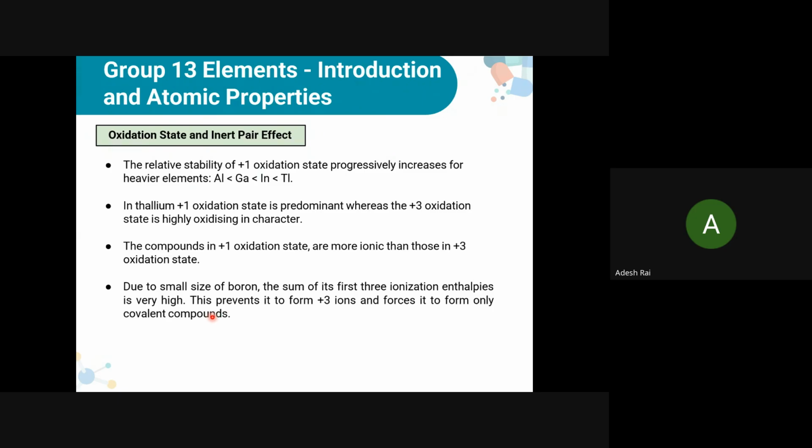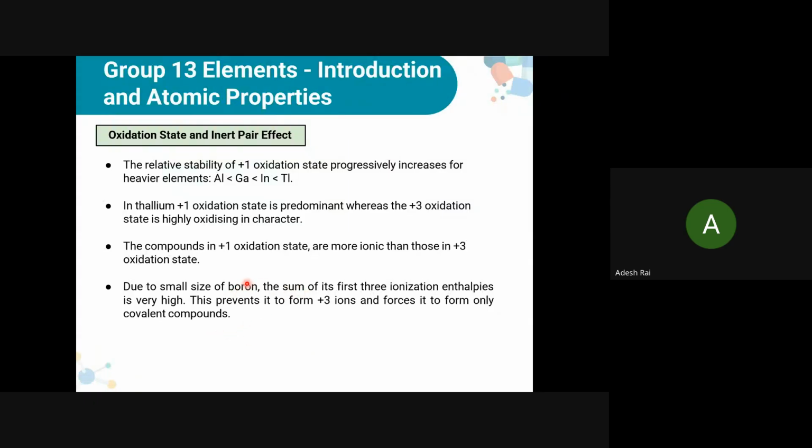The size of boron is so small that it becomes very difficult for boron to release more than one electron. It's very difficult to release even one electron, but it can still release one electron. But to imagine boron in the +3 state, it has to release three electrons, which is not possible for boron. Why?